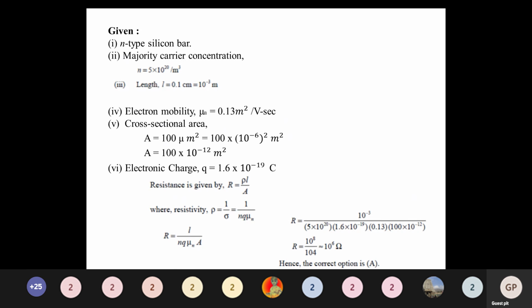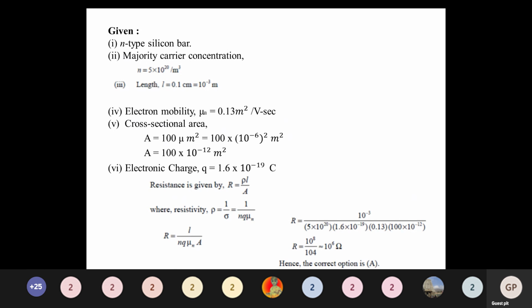First we write the given data. The silicon bar is n-type material, and the majority carrier concentration n is given in the problem. The length of the bar is 0.1 centimeter.